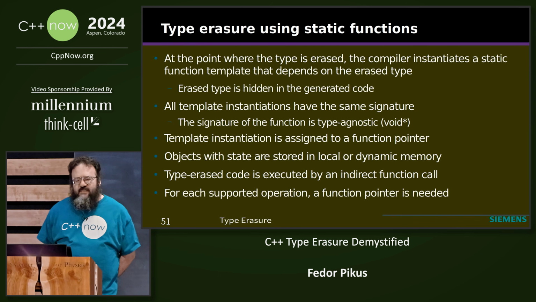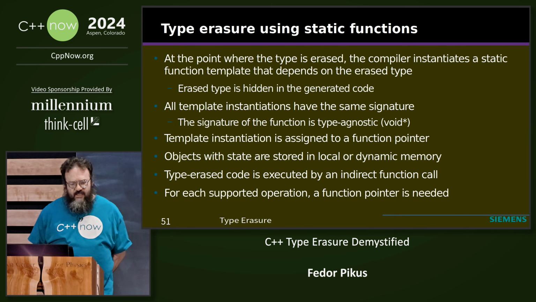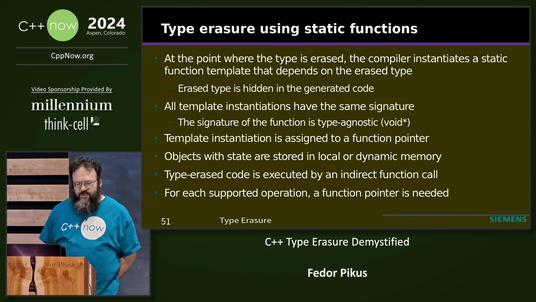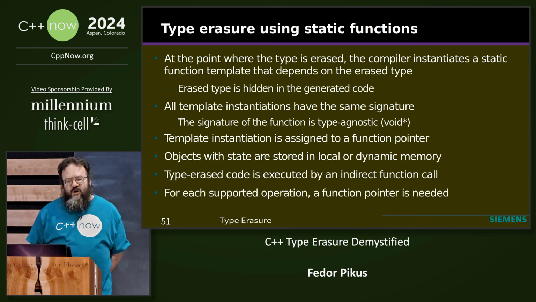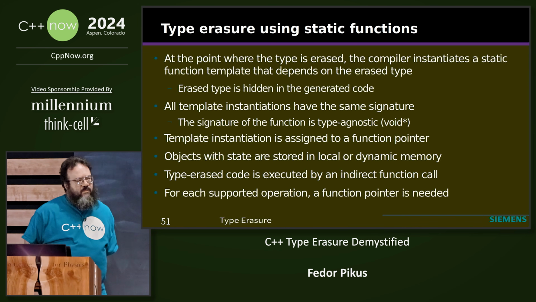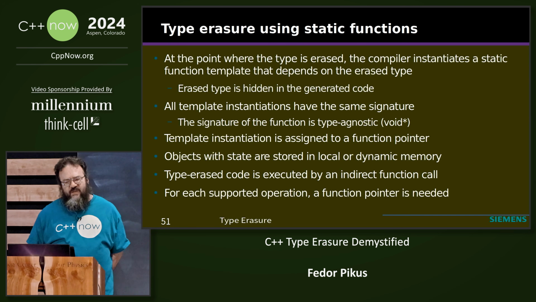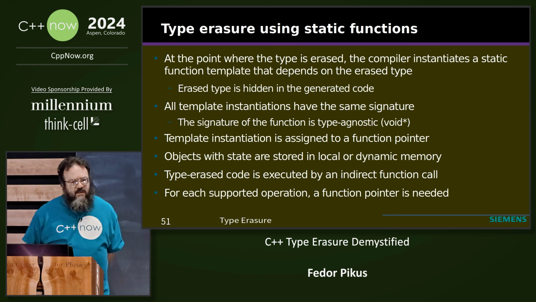So, okay, let's see what we've done here with this approach. At the point where the type is erased, unlike the previous implementation where we generated a specific derived class, we instantiate a static function template whose interface doesn't know anything about this type, but the body does. So there is usually a static cast in there.